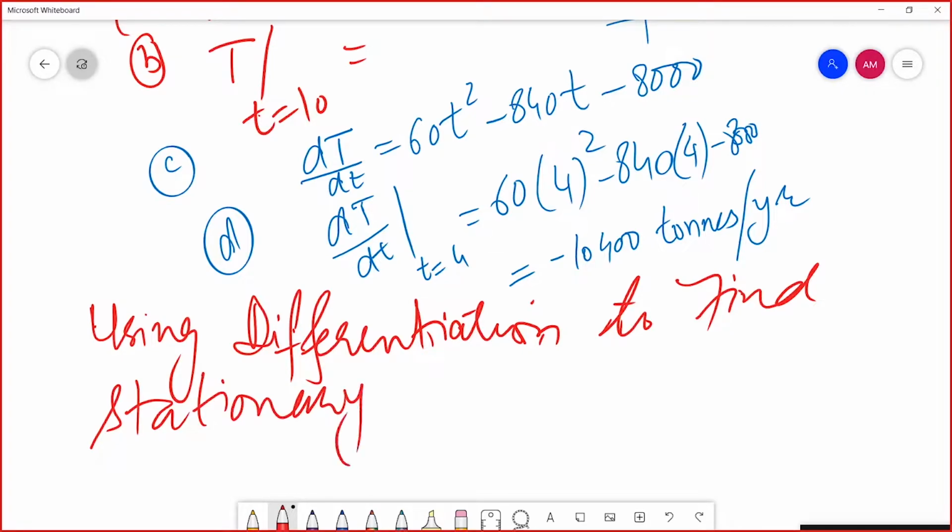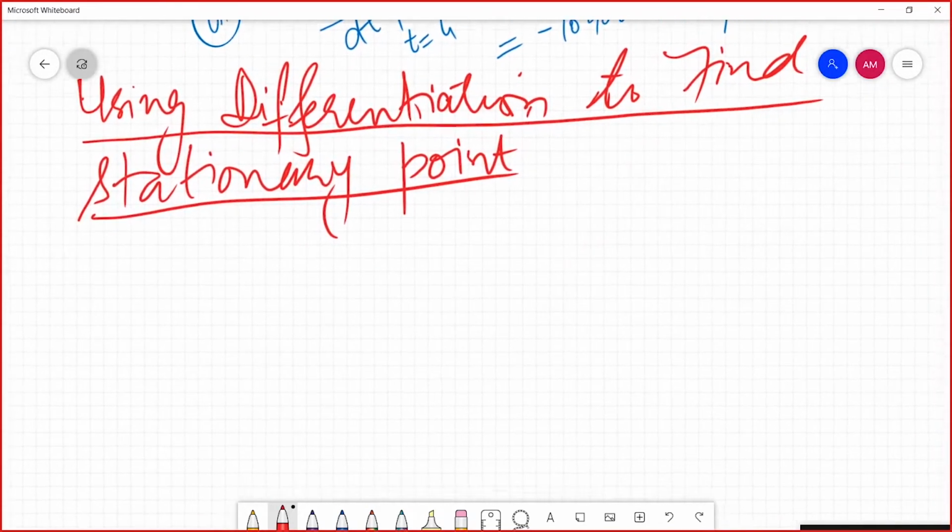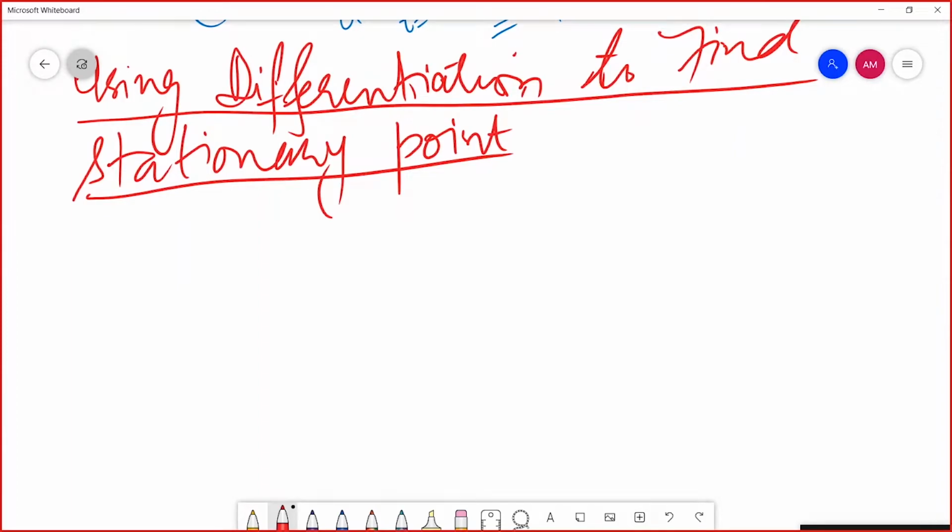A point where the gradient is equal to 0. Yeah. Why is it called stationary actually? If you see here, I just make a graph maybe of a parabola which has been translated to a position, right?